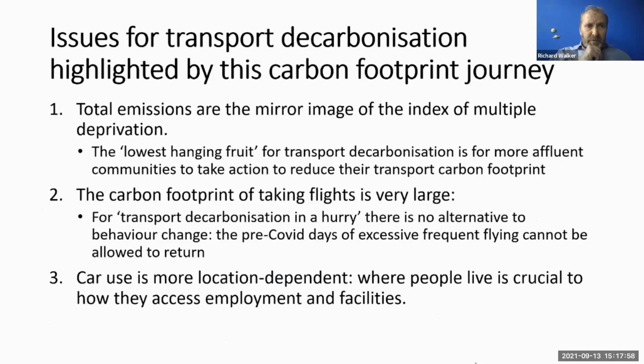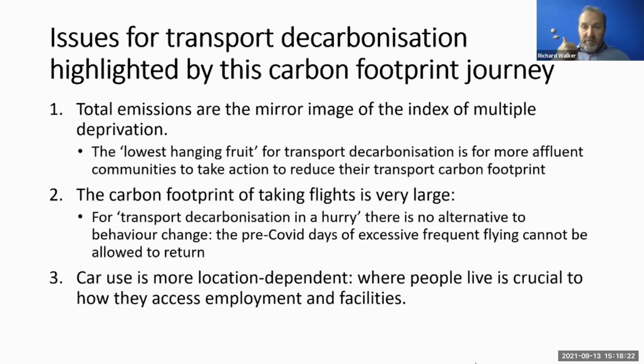I can finish up this section with the issues for transport decarbonisation highlighted by this journey. Firstly, total emissions are the mirror image of the index of multiple deprivation. In my opinion, the lowest hanging fruit for transport decarbonisation is for the more affluent communities to take action to reduce their transport carbon footprint.